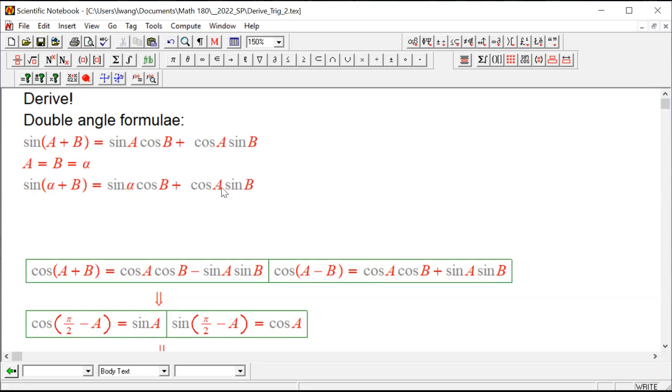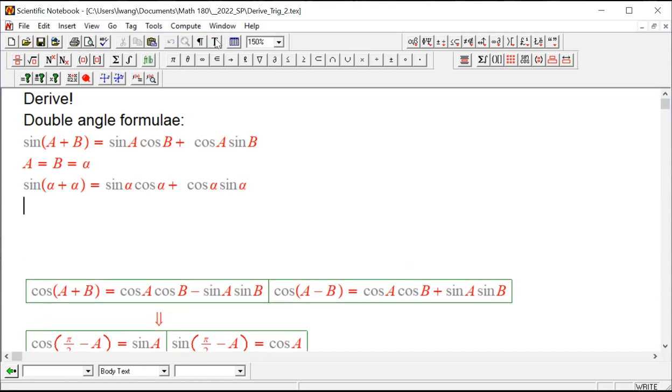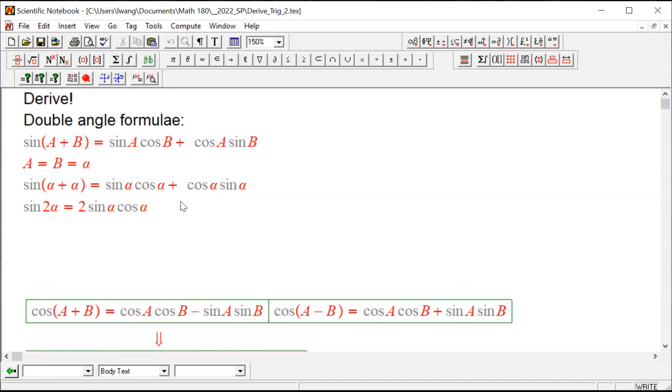As a result, we got sine of 2 times alpha. And on the right-hand side, we have sine alpha multiplied by cosine alpha. We have 2 of them. So we have 2 times sine alpha and cosine of alpha. That's the sine double angle.